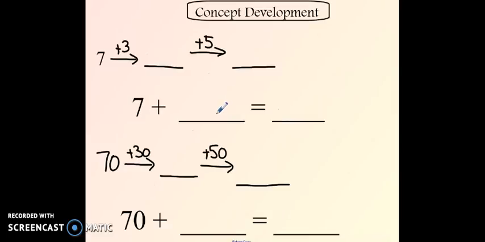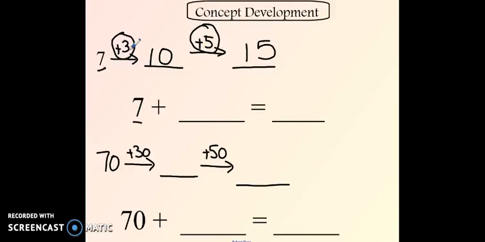Now let's take a look at a few problems using the arrow method. So here we have 7 plus 3, which equals 10. Now I'm going to do 10 plus 5, which equals 15. I can use the arrow method to write a regular equation. So here's my 7, the number I started with. Then I'm going to look at the numbers that I added to the 7.